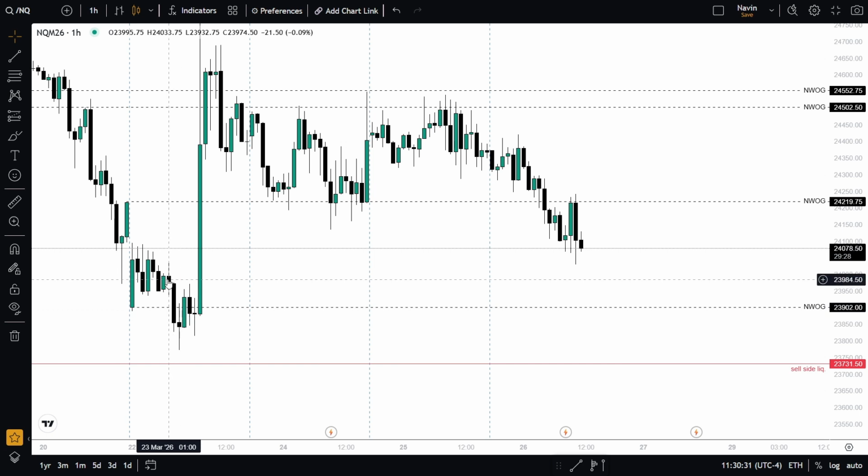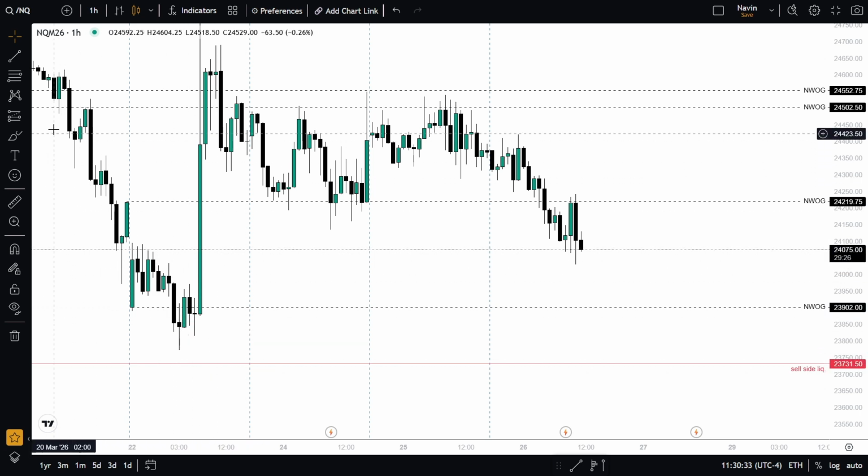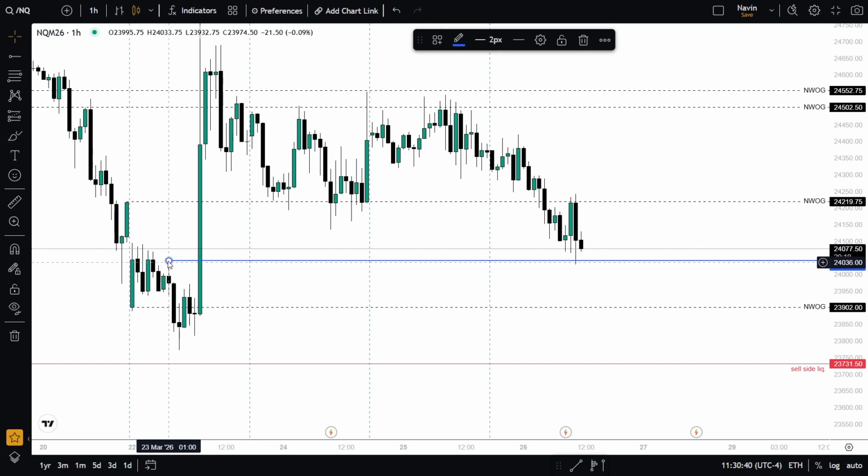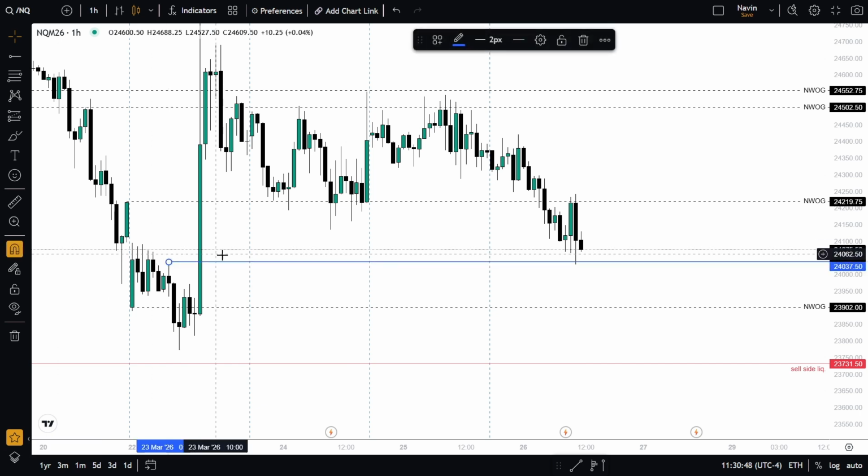So here you can see, this is the 1 hour chart. Here we can see the three down close candles which we consider as an order block.